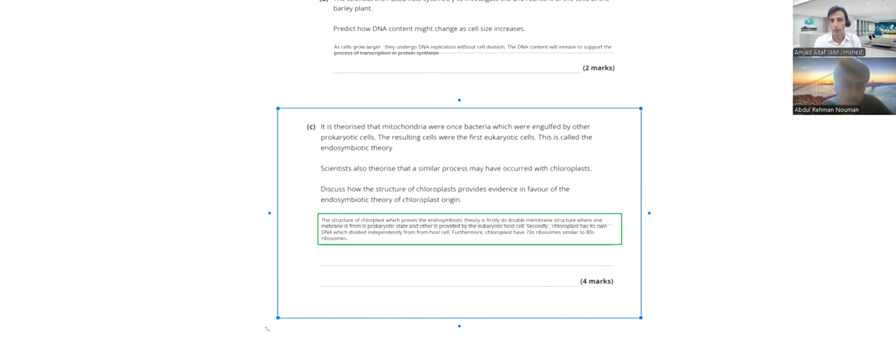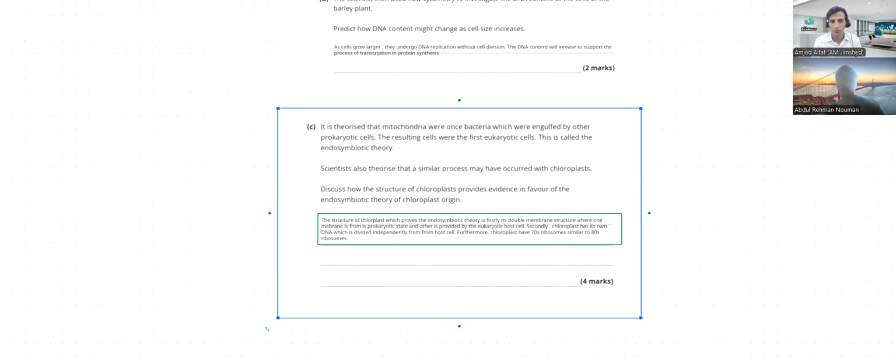So these are 4 points: circular DNA, 70S ribosomes, double membrane, replicate independently. These are the 4 points that we need to add. Right, done? Okay, that's great.